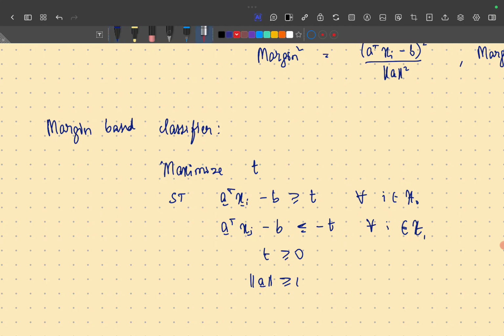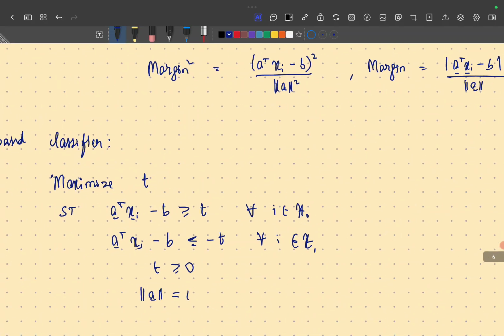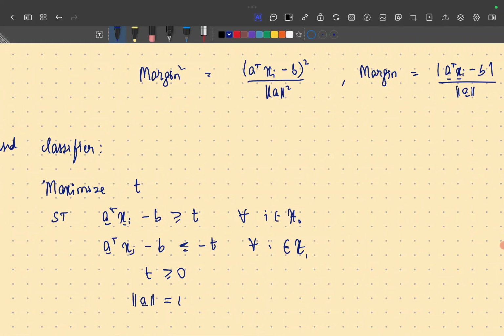So let's suppose that we constrain the norm of A to be equal to 1. Okay, let me do that first. Norm of A equal to 1. In this case, what would the margin be equal to?